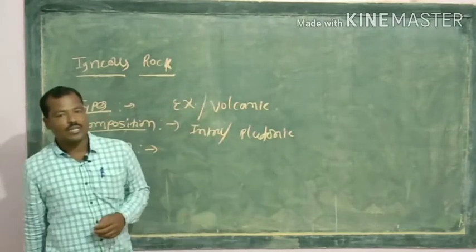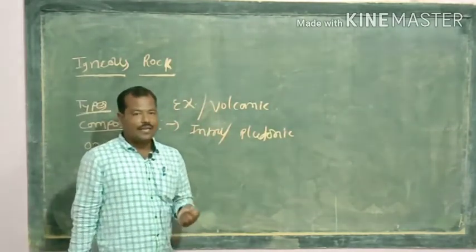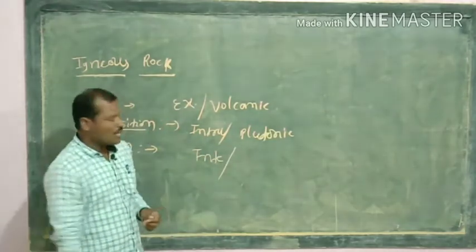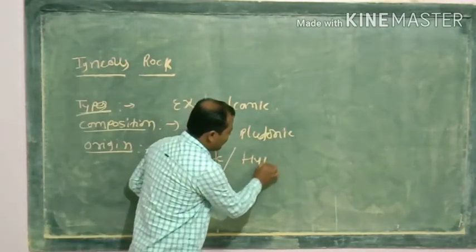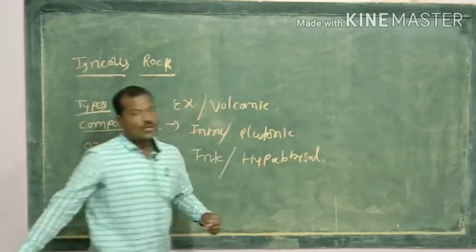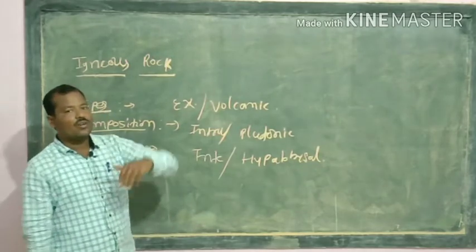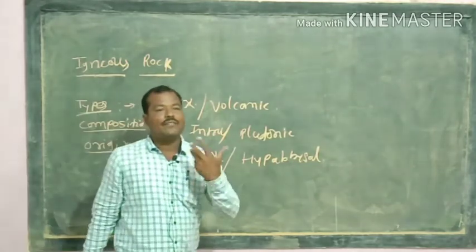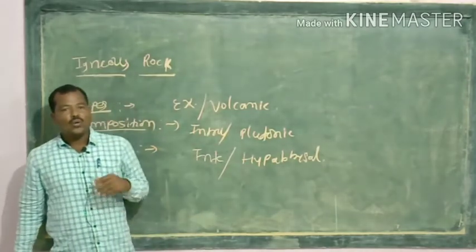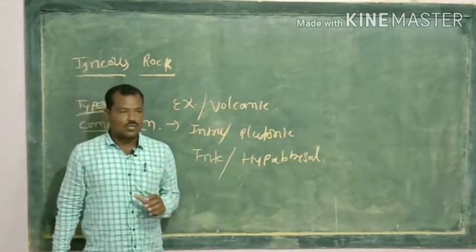And the third one is the intermediate igneous rock, also called hypabyssal igneous rock. These three rocks are formed at different temperature and pressure conditions and at different localities of the earth crust.